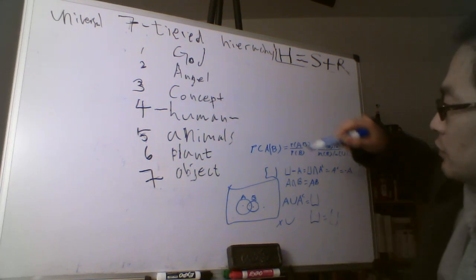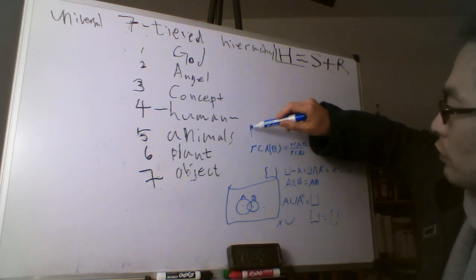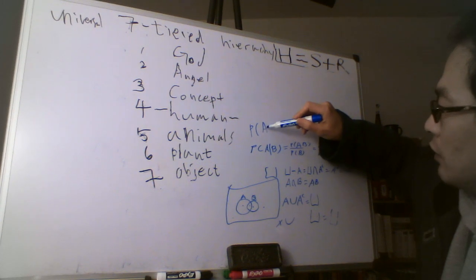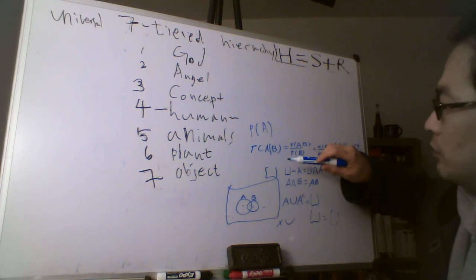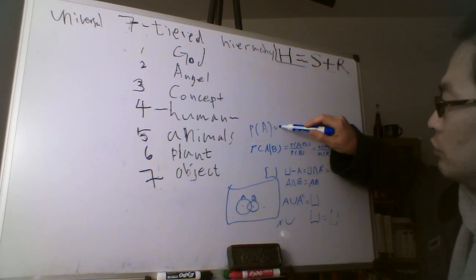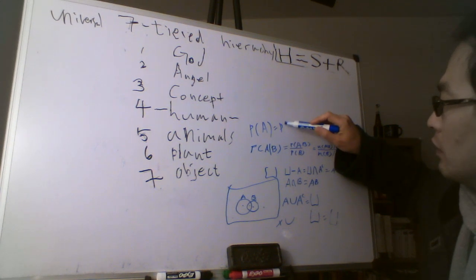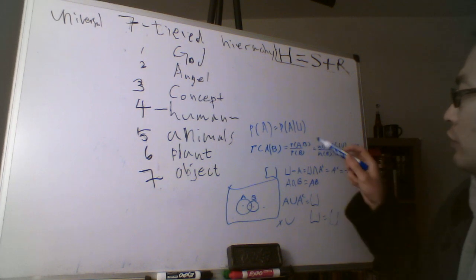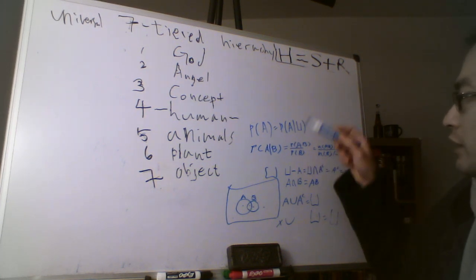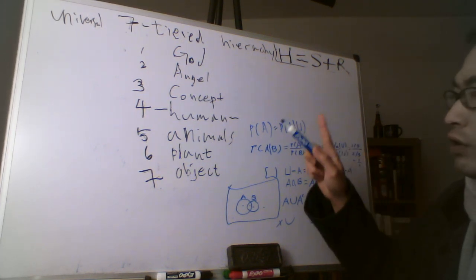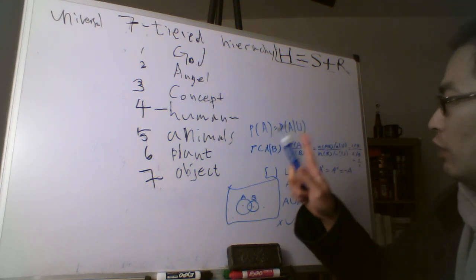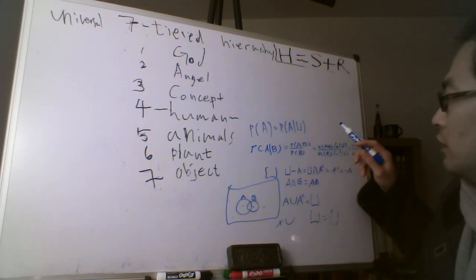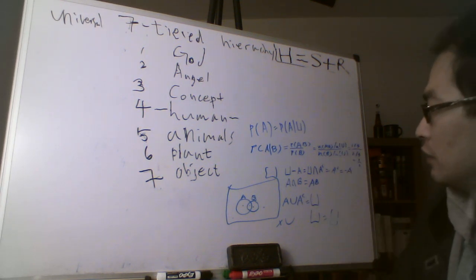Like we said a long time ago, P(A), the probability of an element being in A, is equal to P(A bar U). The bar is like a dividing symbol, and U is like 1. Any number divided by 1 is that number itself, right? So it's kind of analogous to that.